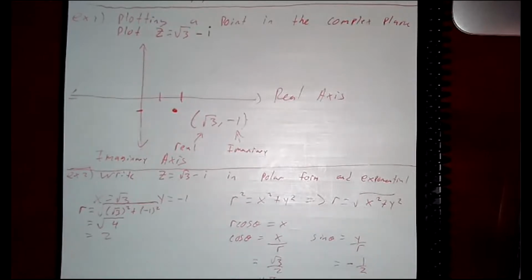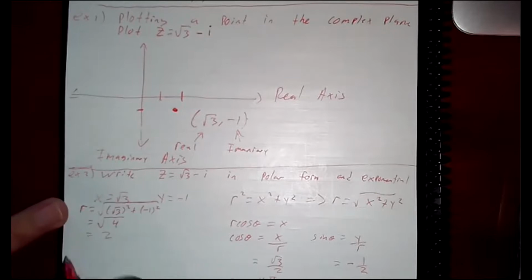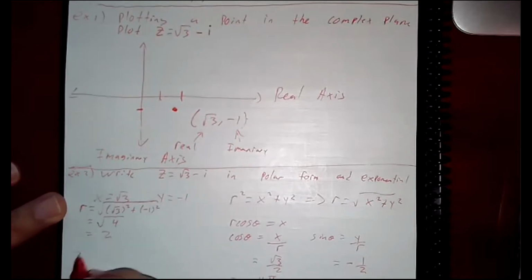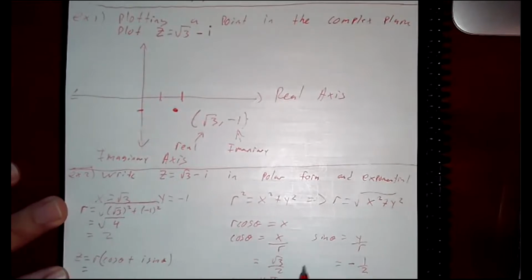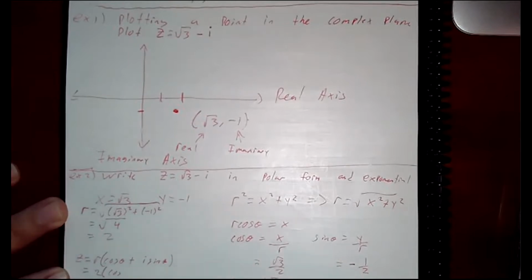That's right. Okay, so then plug all this into our formulas. Use the z formula. So z is equal to r cosine theta plus i sine theta. r would be 2 times cosine of 11π/6 plus i sine 11π/6.